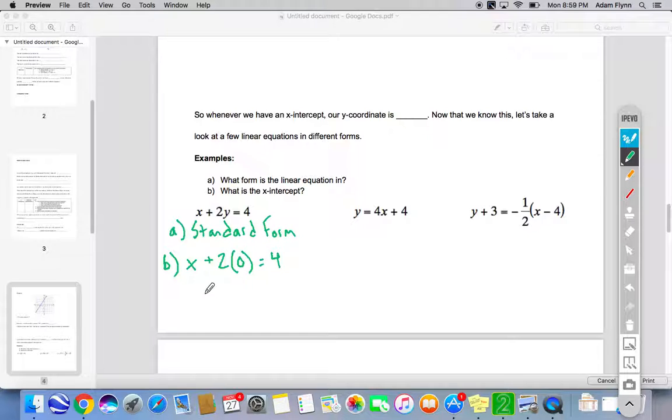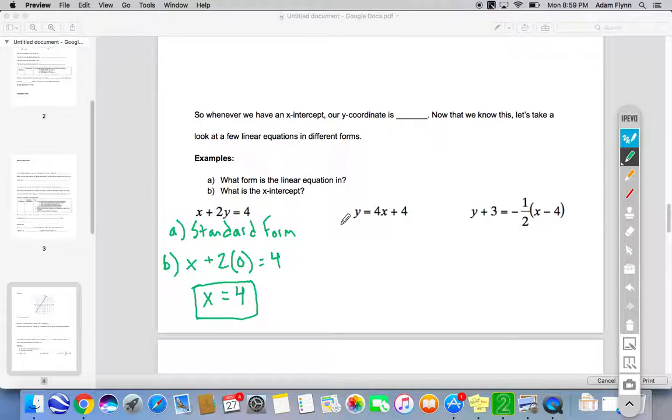So if I simplify here, 2 times 0 is 0, so I don't even have to write it. X equals 4. So I know for this line, it will cross the x-axis at x equals 4. Okay, let's move on to this one.